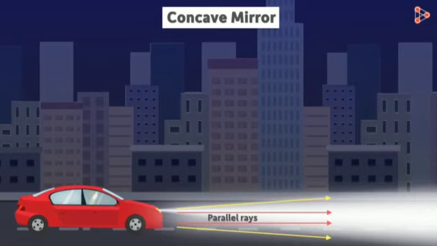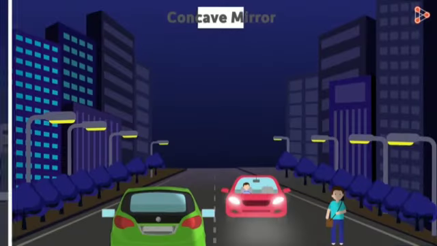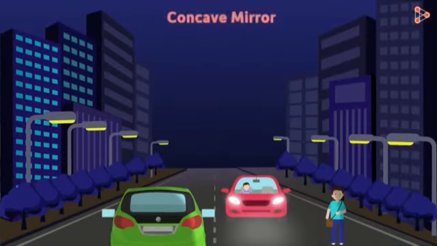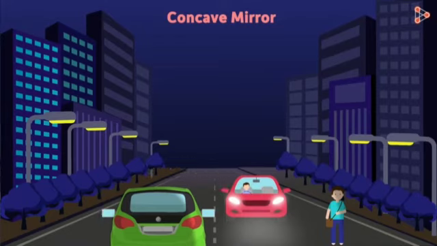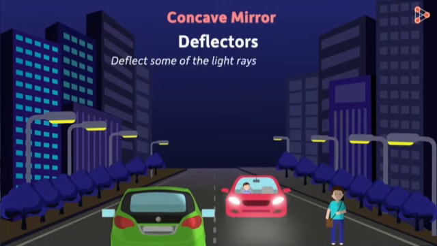This will help us to see vehicles coming in the opposite direction on the other side of the road. So for that purpose, we use what we call deflectors. These deflectors help some of the light rays to deflect by a smaller degree, which helps to see things sideways.